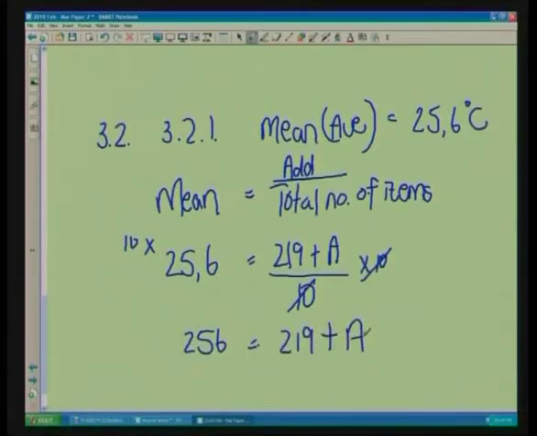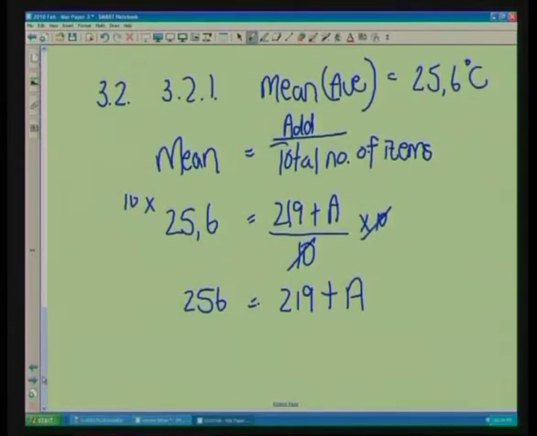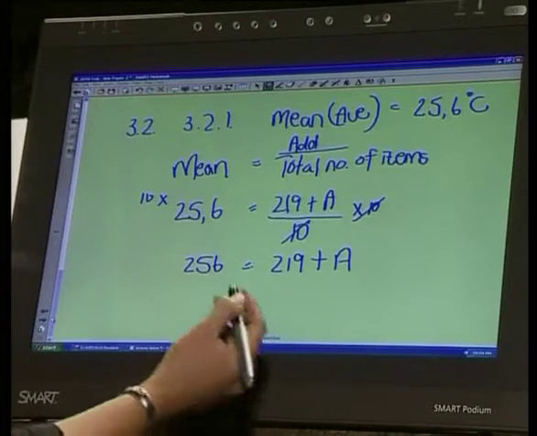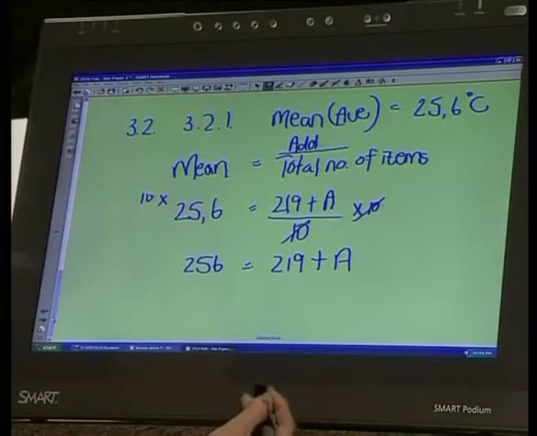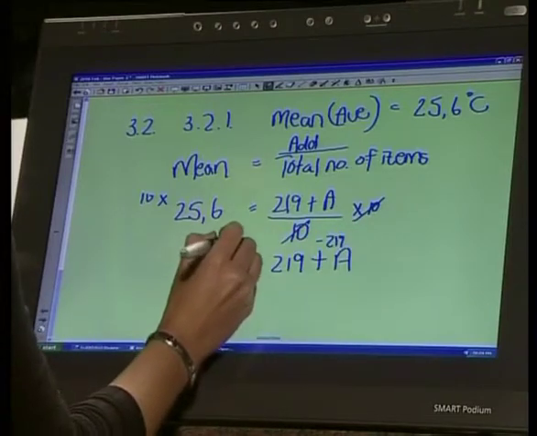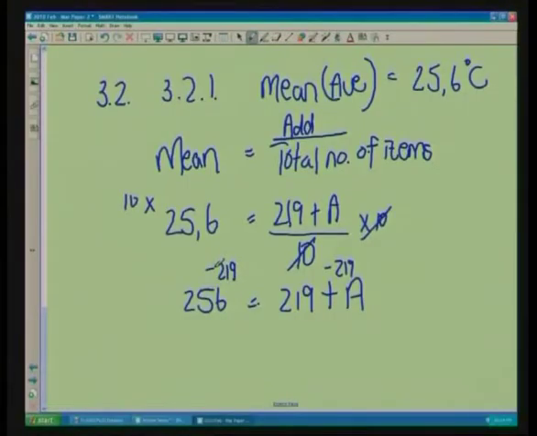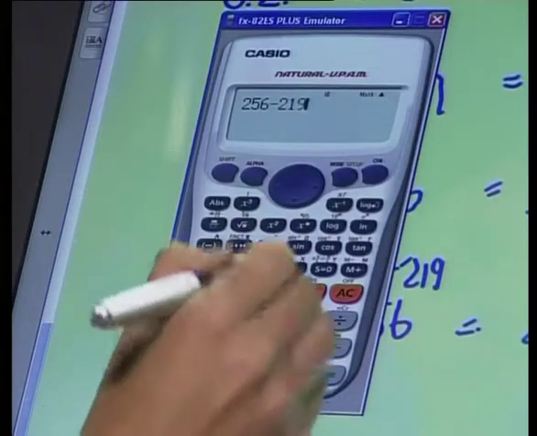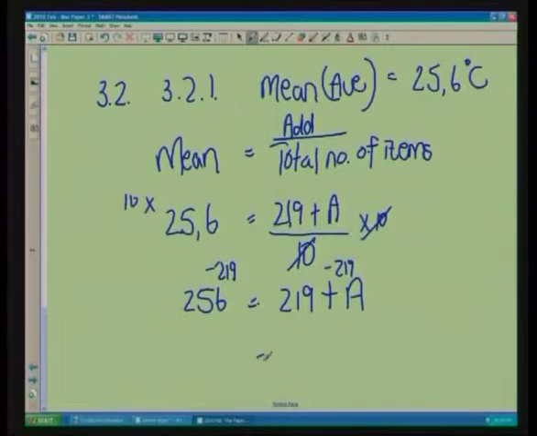Last bit. I want to get A on its own. A is being added to the 219, so the opposite of adding 219 is to subtract 219 from both sides. On your calculator, if you take 256 and you minus 219, you get an answer of A being 37.